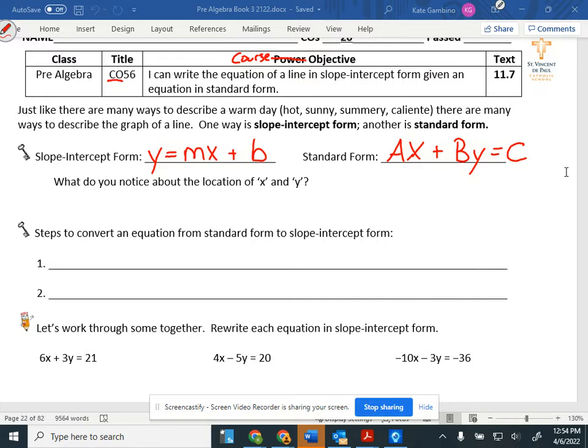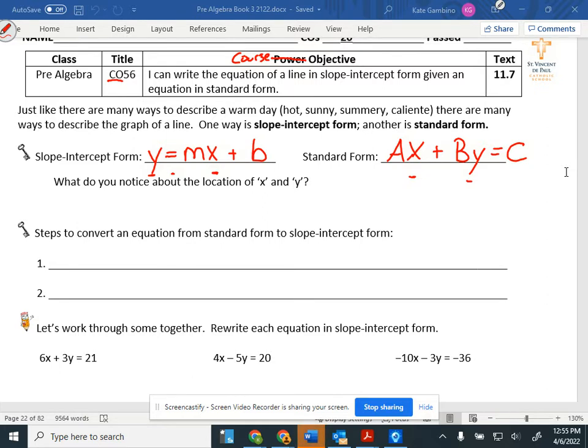Okay. What do we notice comparing slope-intercept form with the standard form? What do we notice about the x and the y? Caitlin? On the slope intercept form, it equals y, and then on the other one, you need both of them to equal it. Yeah, on the slope-intercept form, we have the y and the x on opposite sides of that equal sign. But in the standard form, they're on the same side of the equal sign.